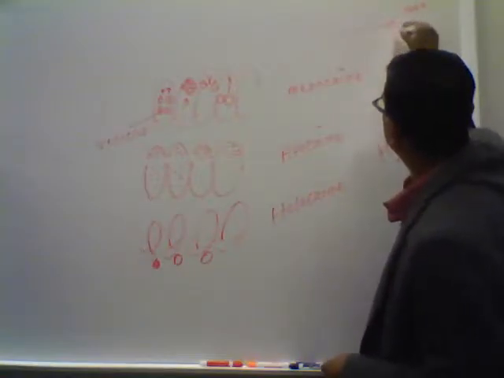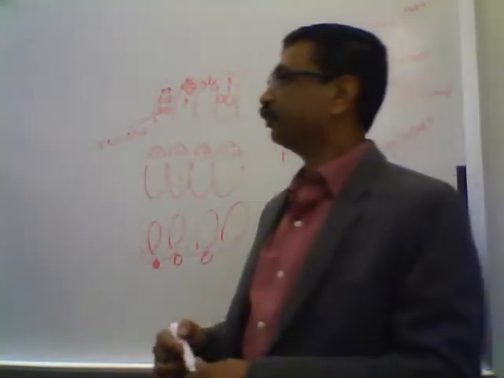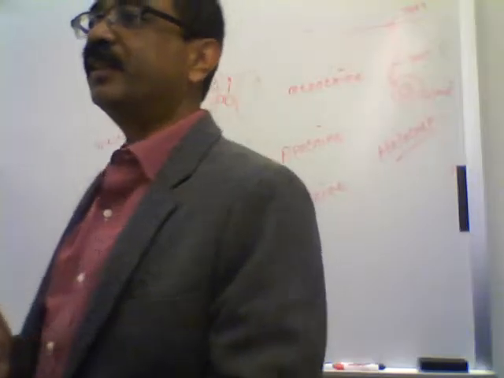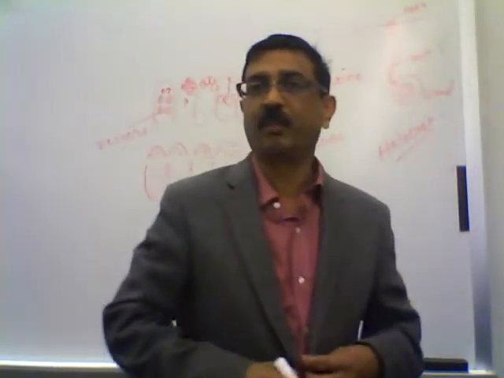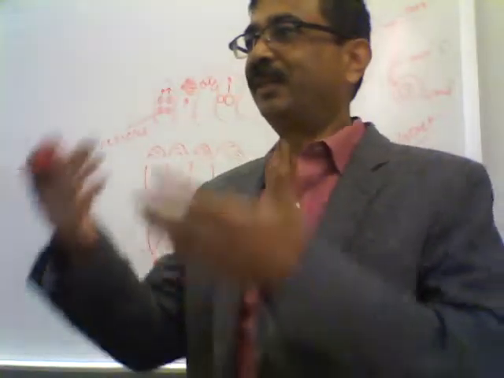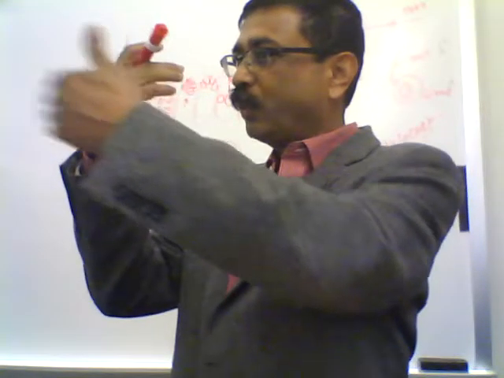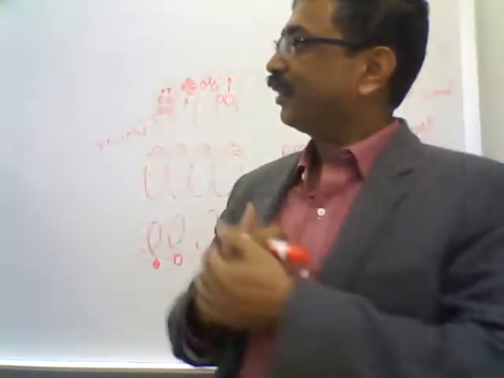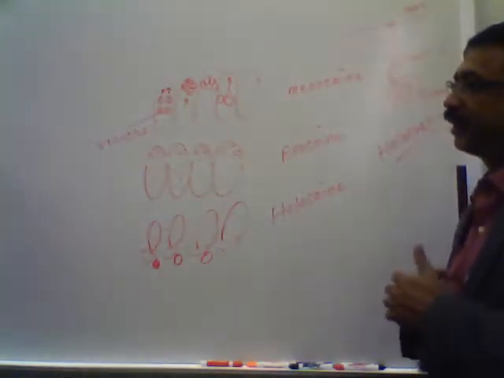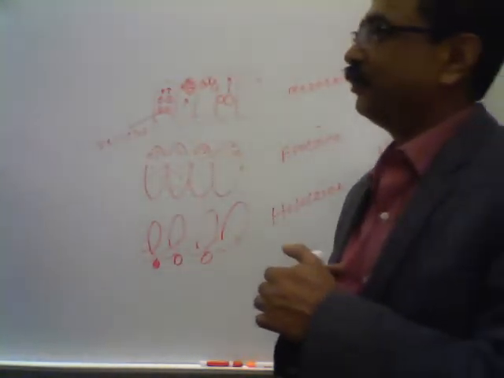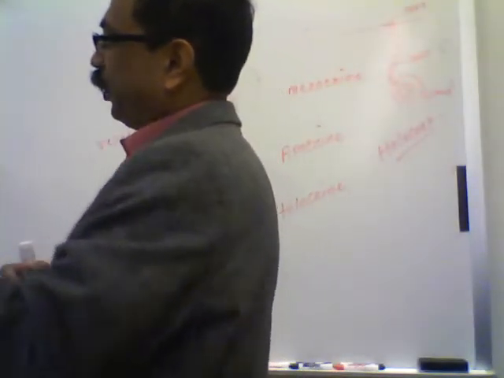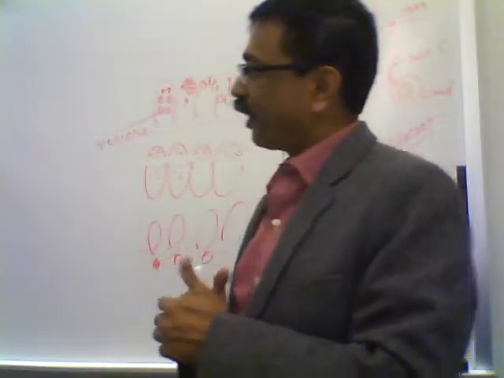So sweating occurs. Function is thermoregulation, regulation of body temperature. We know that when body temperature increases, water gets out by the eccrine secretion, and that lowers the body temperature.